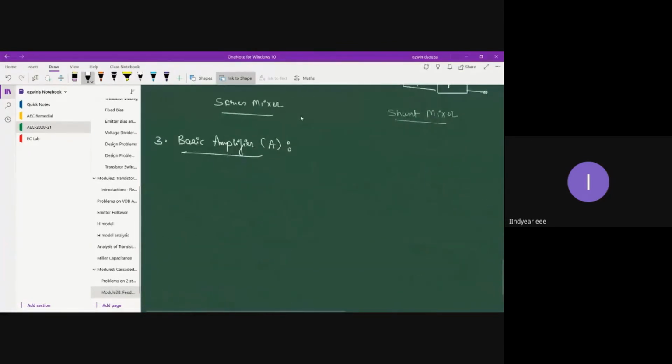Now, your amplifier is a two-terminal device. It will have an input port and an output port. Let's say Xi is the input and X0 is the output. The gain of the amplifier is defined as the output signal to the input signal, that is X0 by Xi.